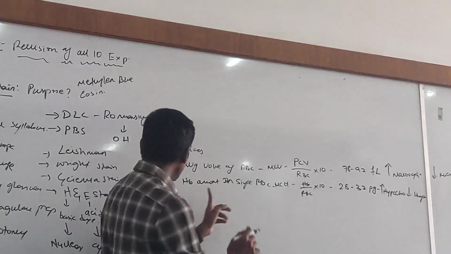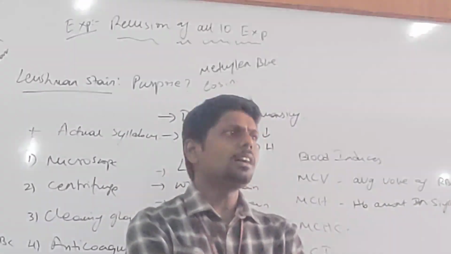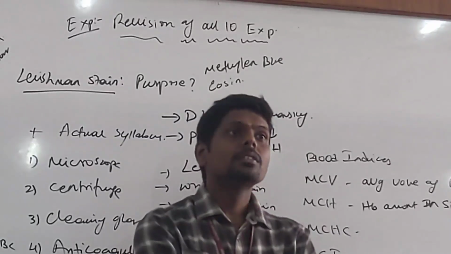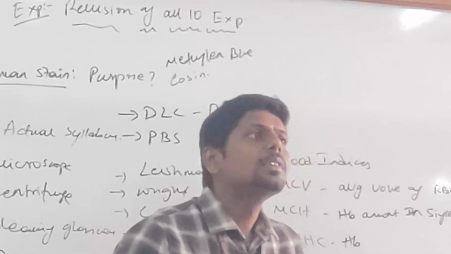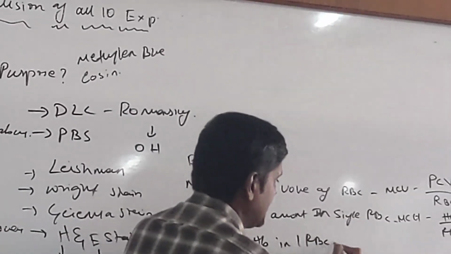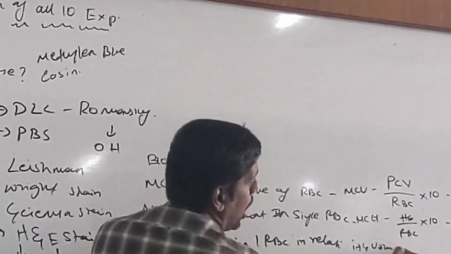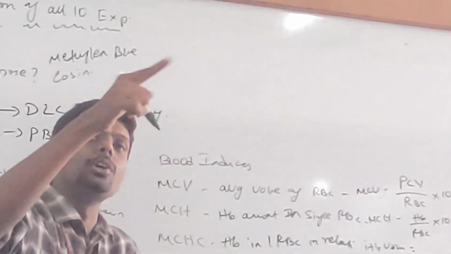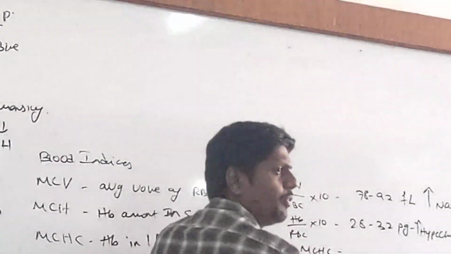Very good. Then what is this MCHC? It is the Hb concentration in a single RBC, in relation to its volume. So what is the formula?